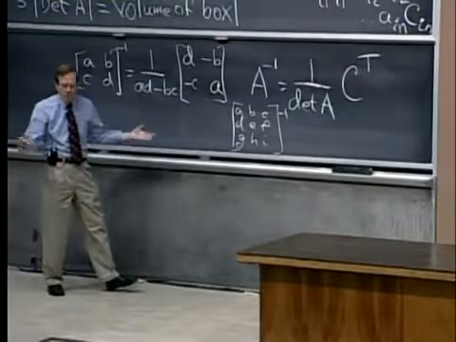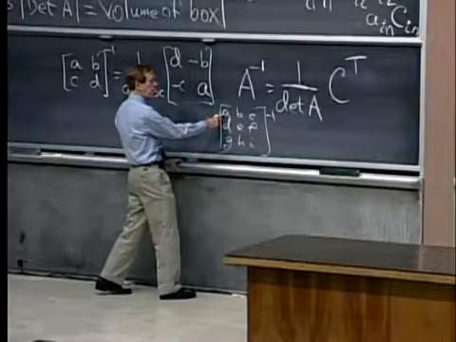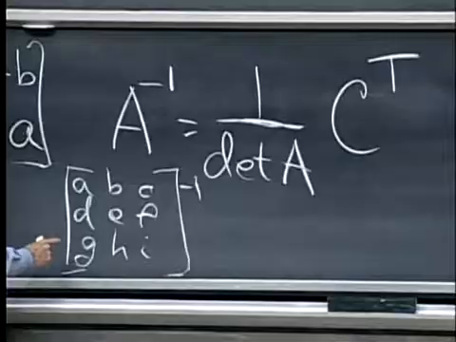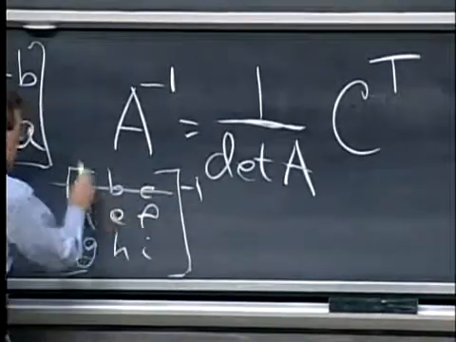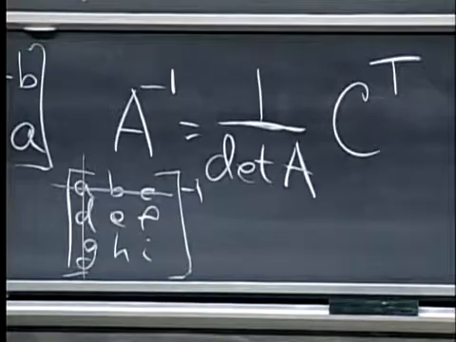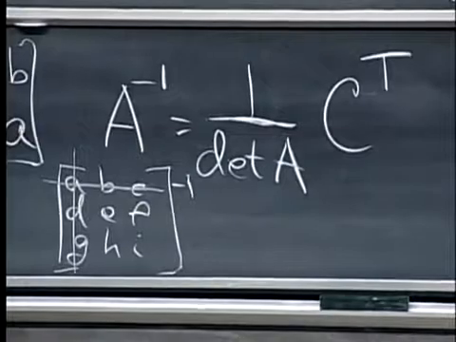What's a typical cofactor? What's the cofactor of A? The cofactor of A, the 1, 1 entry up here in the inverse, is, I throw away the row and column containing A, and I take the determinant of what's left. That's the cofactor. And that's EI minus FH, products of 2 things.